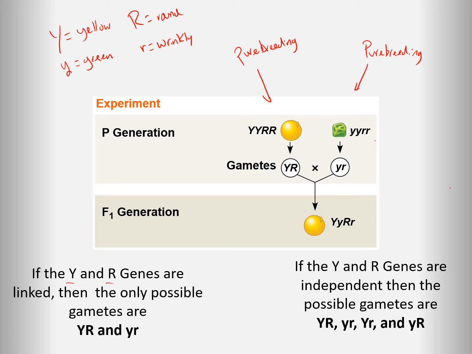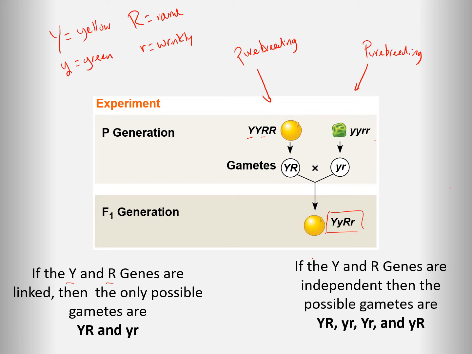If the Y and R genes must be inherited as a package, if, for example, in this scenario, being yellow means you must be round, and being green means you must be wrinkly, then when we look at the dihybrid, there are two possibilities.